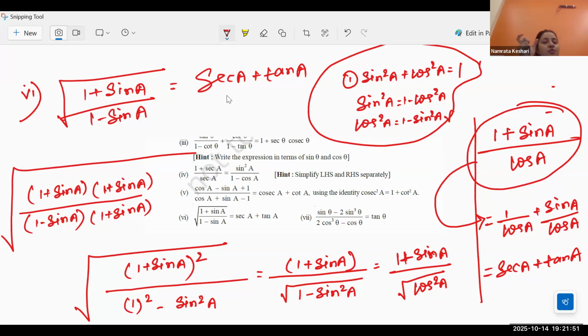Sec square theta minus tan square theta can be written as sec theta plus tan theta in one bracket and sec theta minus tan theta in another bracket, just like the formula a square minus b square, or x square minus y square. So these are the steps which we repeat in this chapter in almost every second question.